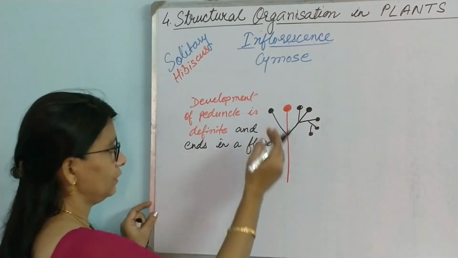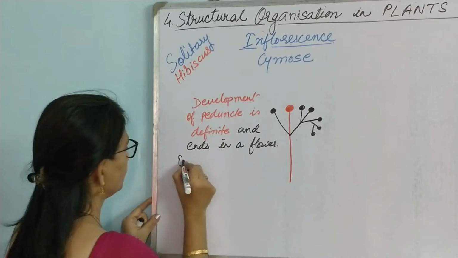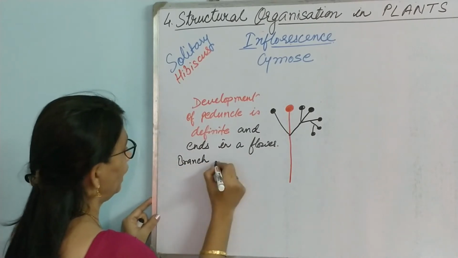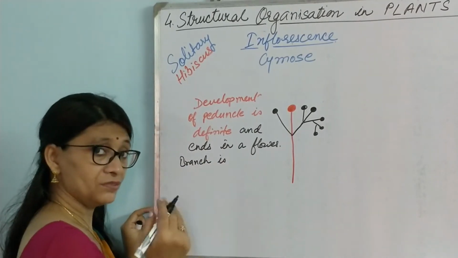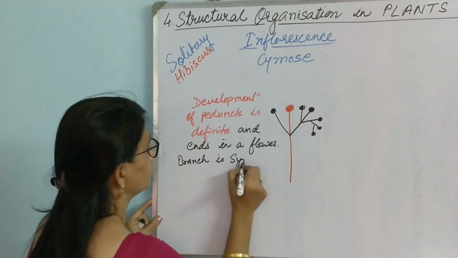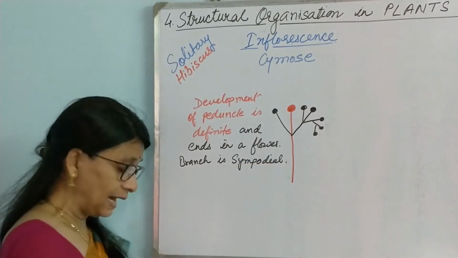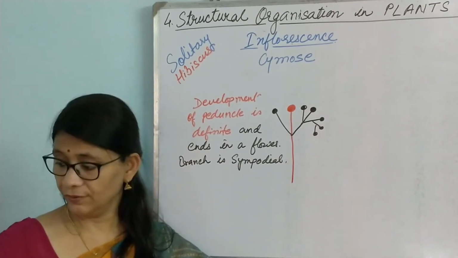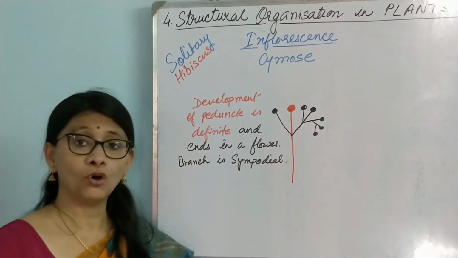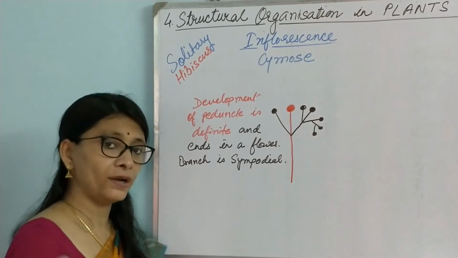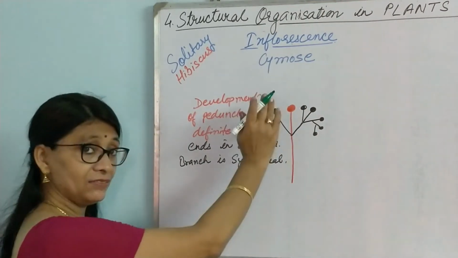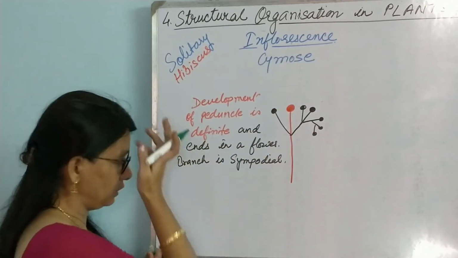That means the branch is sympodial, unlike in racemose where the branch was monopodial because it did not end in a flower. Here it ends in a flower, so the branch is sympodial.